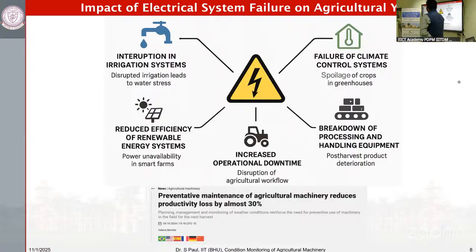Then your tractors can fail instantly, at the time of plucking or harvesting, if you don't know that the motor installed in your tractor is not well, because the failure will not occur instantly. It is like a cascading thing.